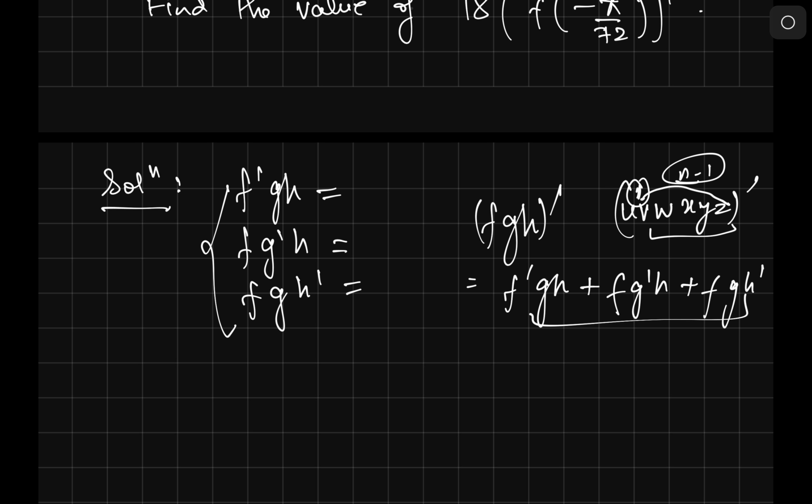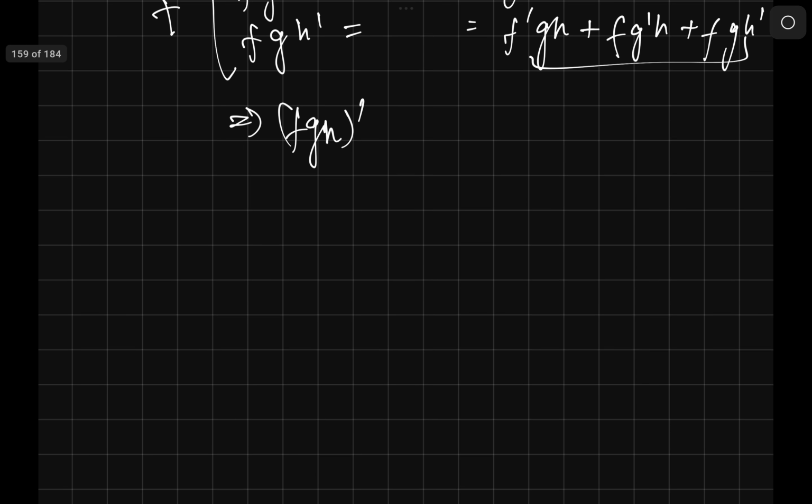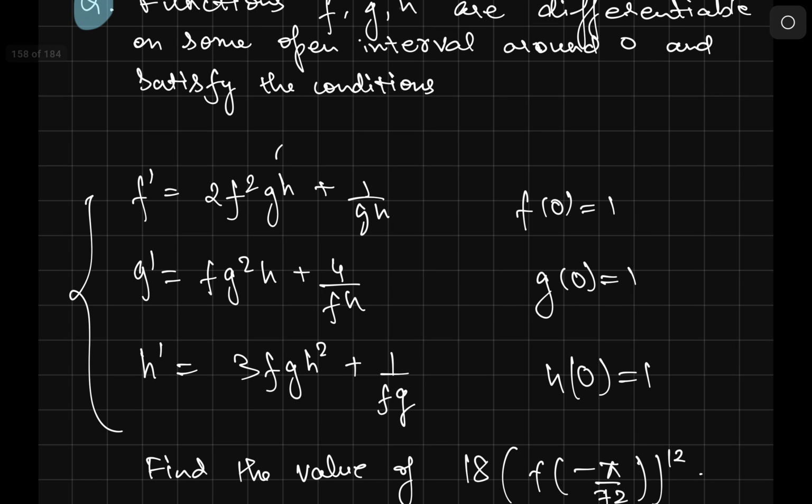So if I add all the equations, I should be left with (fgh) dash. So my first equation would be f dash gh is equal to 2f square g square h square.